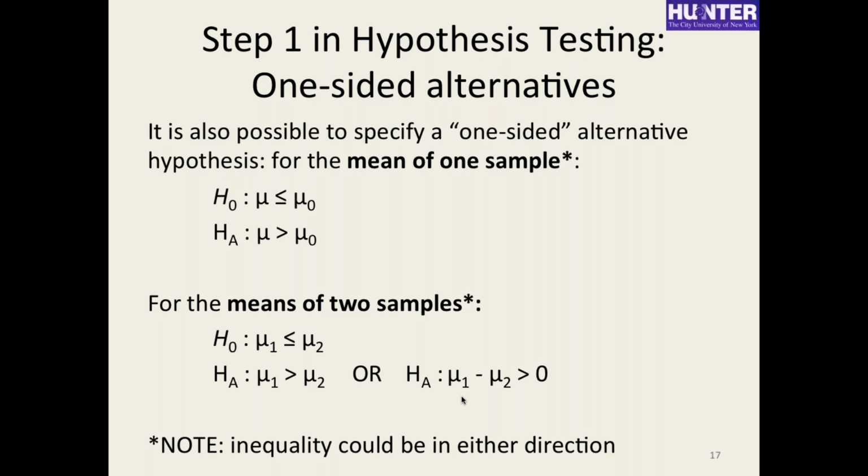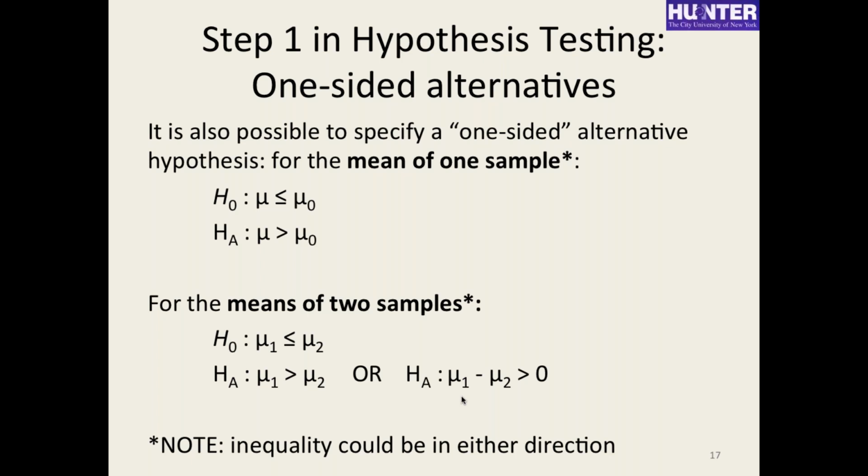It is possible to have a situation where you may know that it can only go one direction. Where would that happen? For instance, let's say you were testing a blood pressure drug which is a vasodilator. You might make the assumption that, because of the mechanism it works on, the only thing that's possible is that it lowers blood pressure.